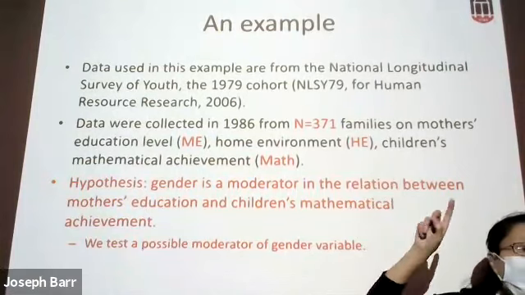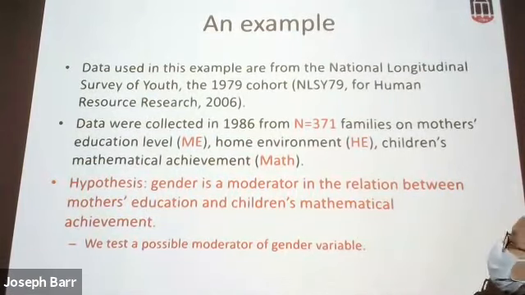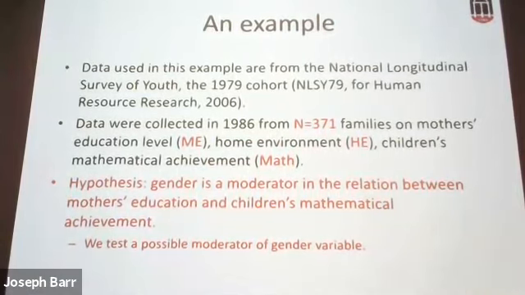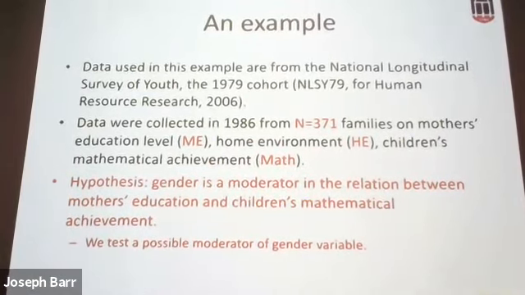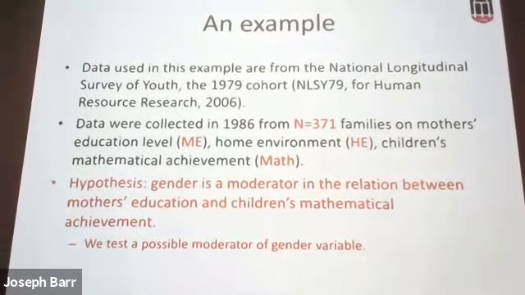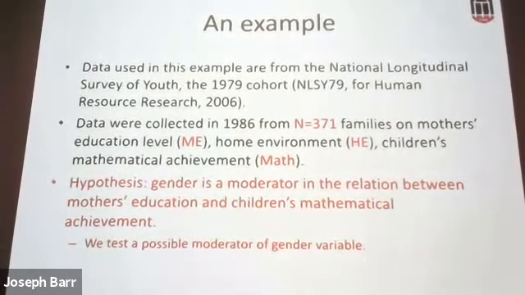So the gender of the child, yeah, gender is the child's. The gender of the child is a moderator in the relation between the mother's education and the children's math achievement. So it's a moderated relation.